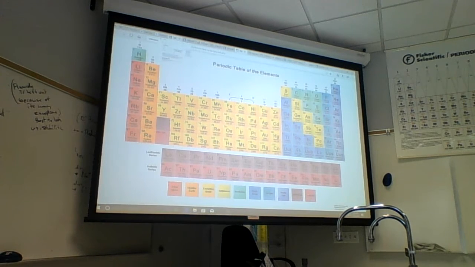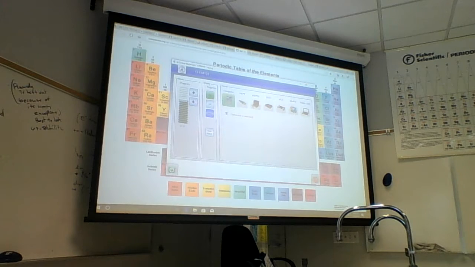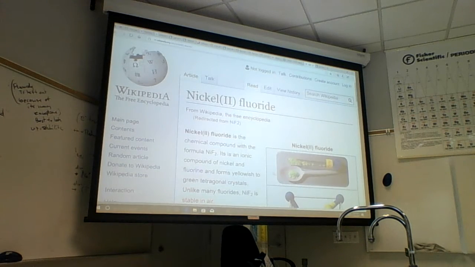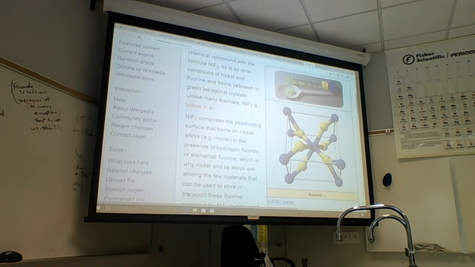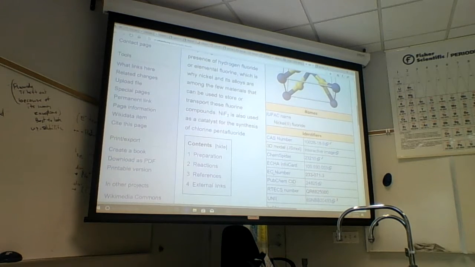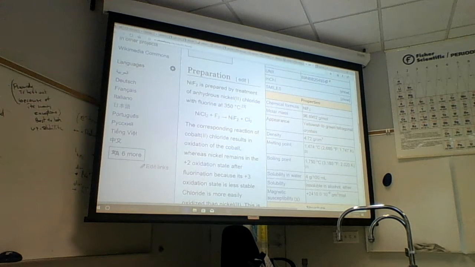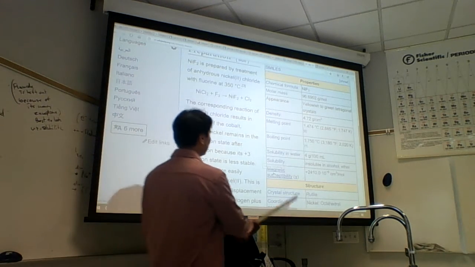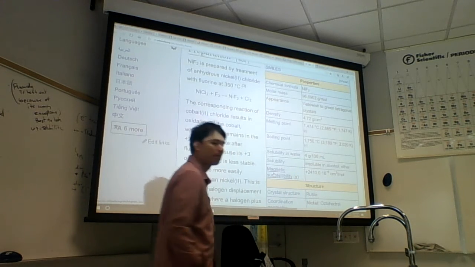Let's take a look here. Here's nickel 2 fluoride, the lattice type structure. Well, maybe it's okay. It's pretty soluble, 4 grams per 100 milliliters.